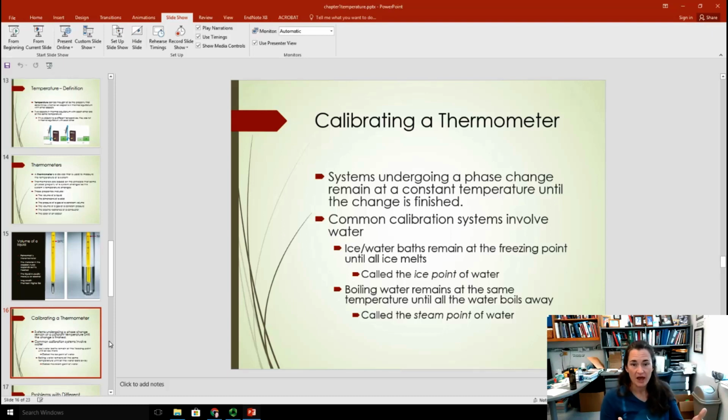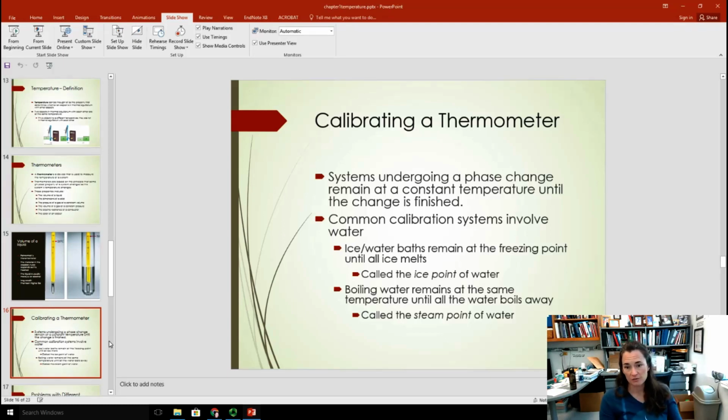So for example, a bath of ice and water, a mixture of ice and water, is going to remain right at the freezing point once it comes to equilibrium. And it'll stay that way until all the ice in the water melts. Okay? So that's the ice point of water. And of course that occurs at 0 degrees Celsius or 32 degrees Fahrenheit at sea level.